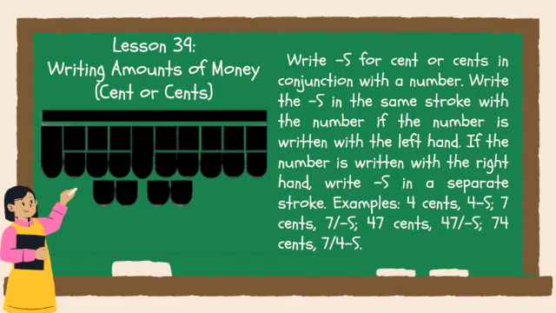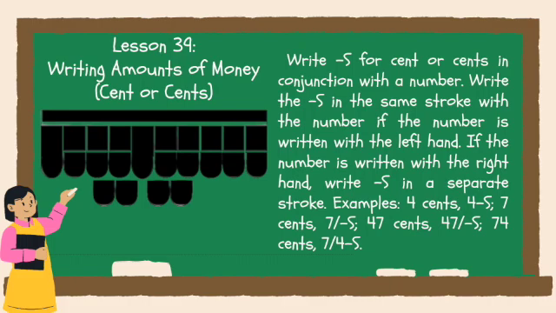But if you are using your right hand in writing the number, then you write cent in a separate stroke. So that's it. Is it clear? Let's take a look at the example here.